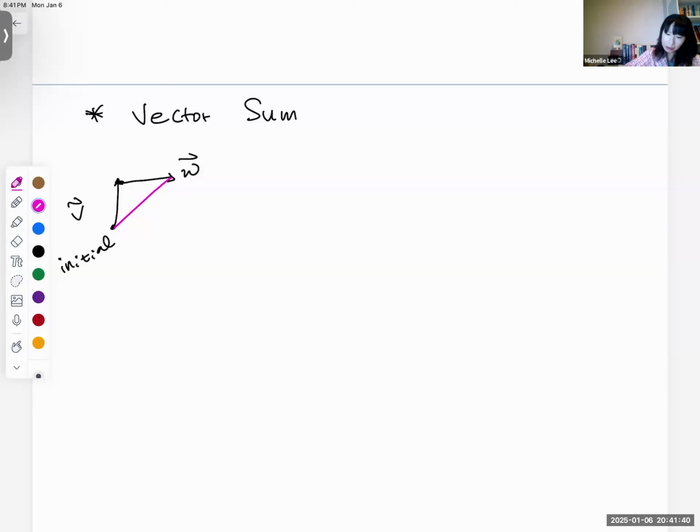Then from initial to terminal, that is the sum of vectors v and w. So we are using this triangle method.